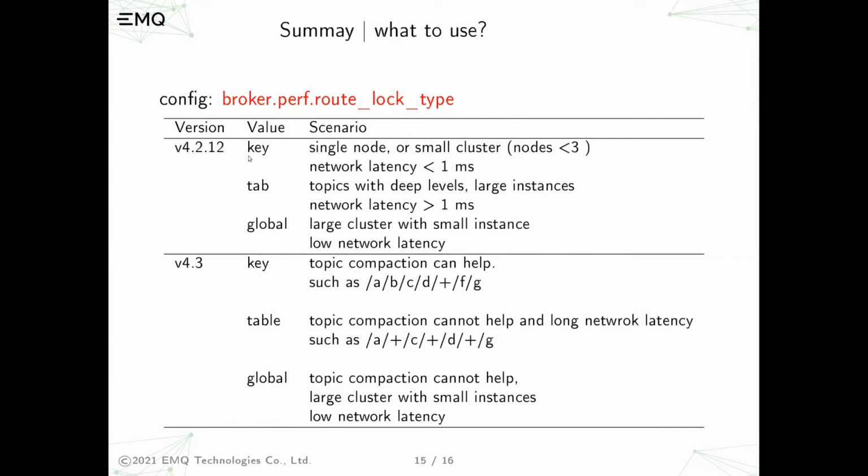But if you have very long network latency between nodes, I would suggest to use table lock. But if you have an issue with spawning or using large instances, but you have very good network latency, you can use global lock.